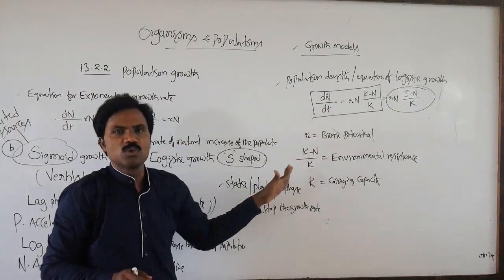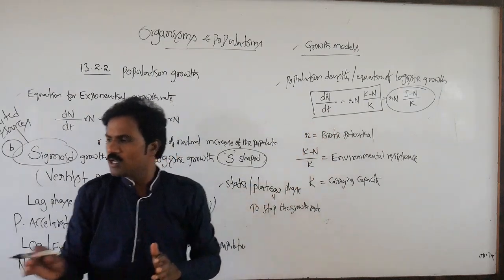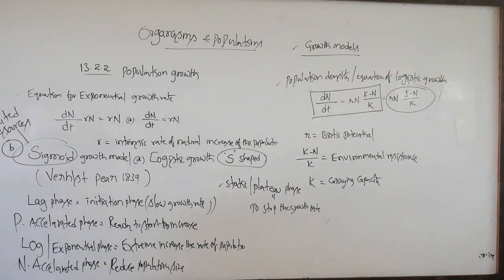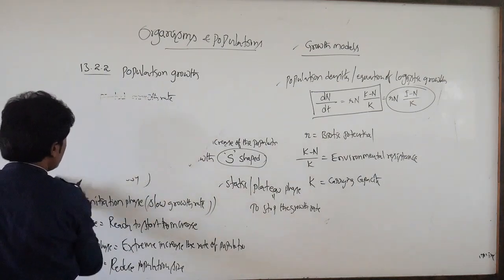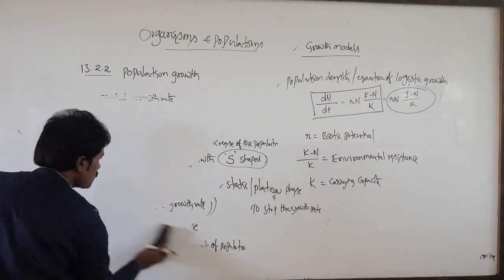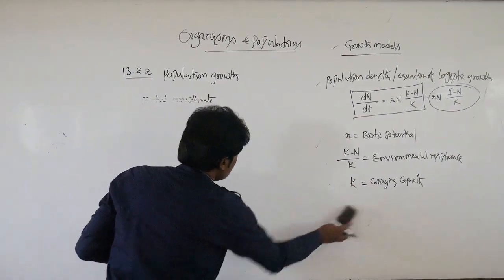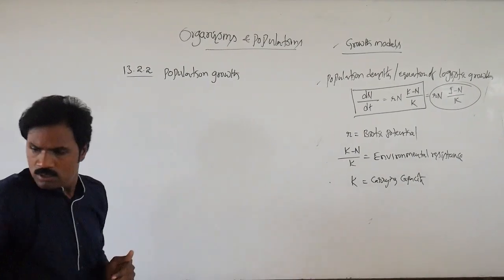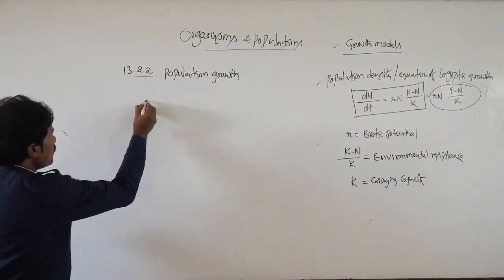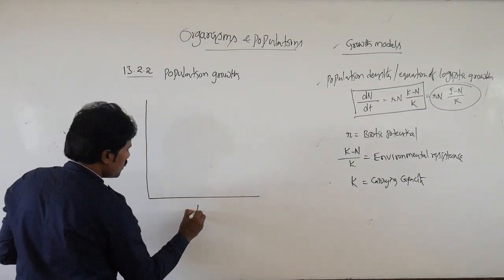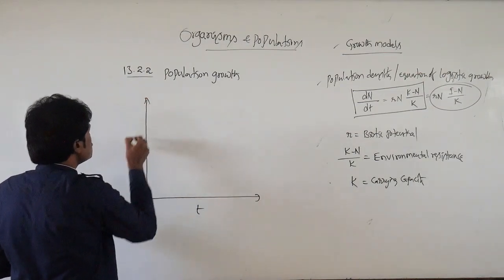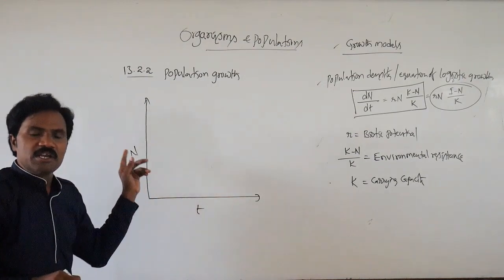In such a manner, this logistic growth rate is represented. Based on all these, we represent it simply graphically. One axis is time, another axis is population density.